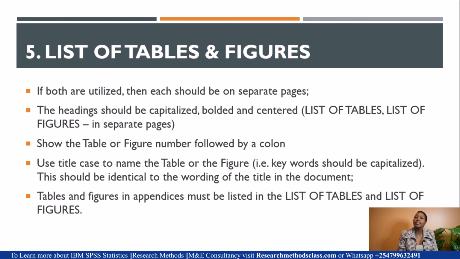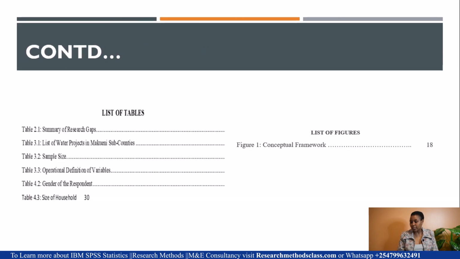In APA 6th edition, assume that one of the appendices that you have was a table showing the distribution of your population. So we were listing it under appendices, but now if it is a table or a figure, it should be listed under the list of tables and list of figures. For instance, what we have. So we have list of tables and then we have list of figures.